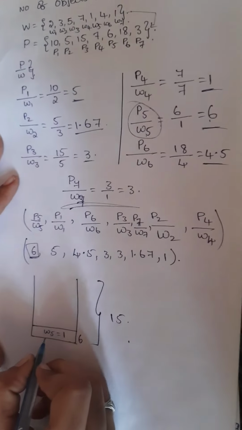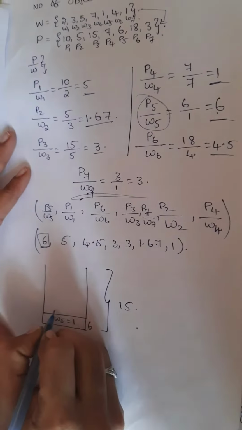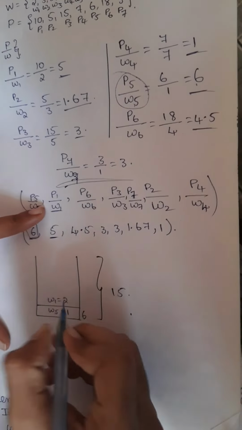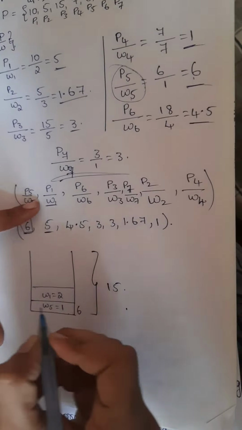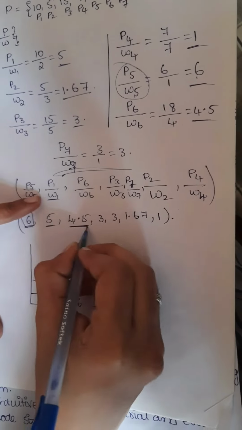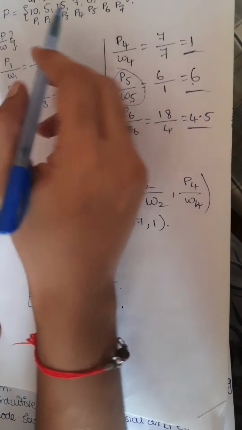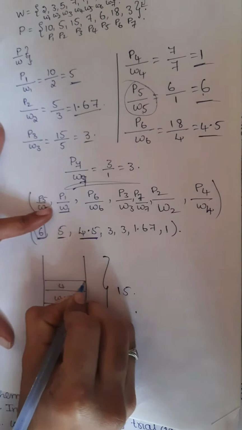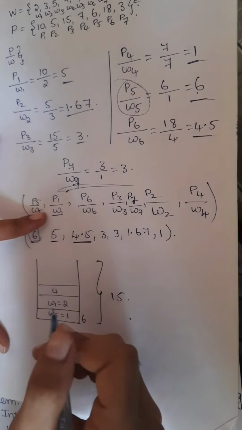And the next weight is W1, so we have to write the W1 weight. W1 is equal to 2. And next this is W6, right? So the W6 weight is 4. Up to 15 we have to fill this.